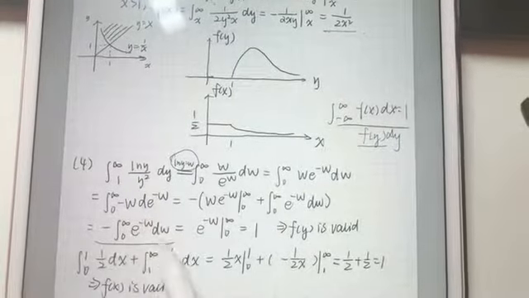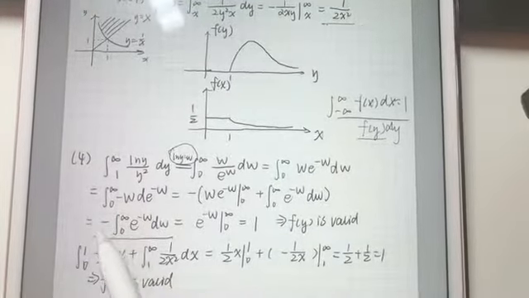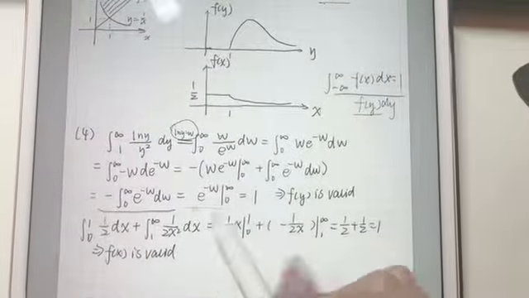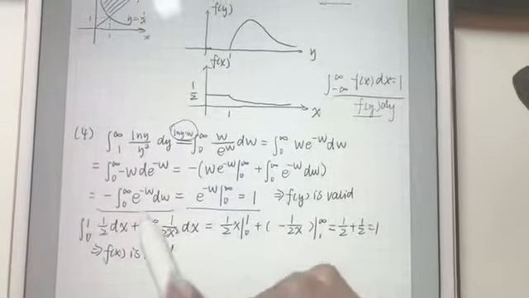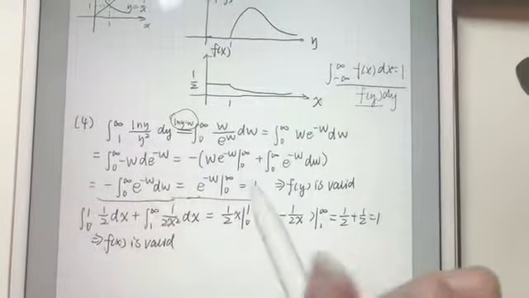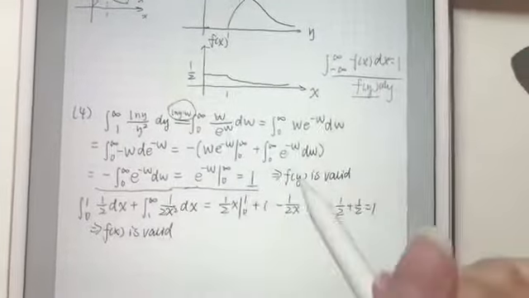We can simplify it, and finally we calculate it. We can get that this expression equals 1. That means f_Y is valid.